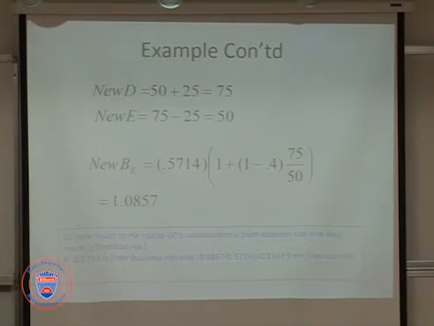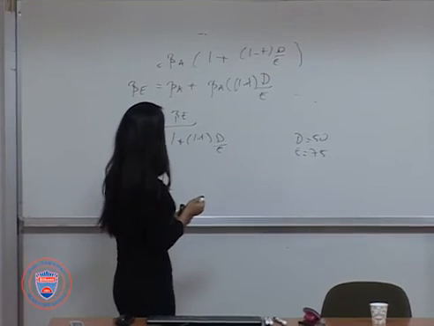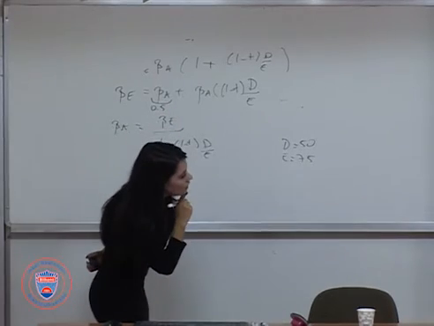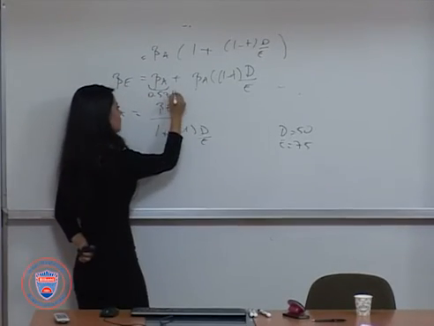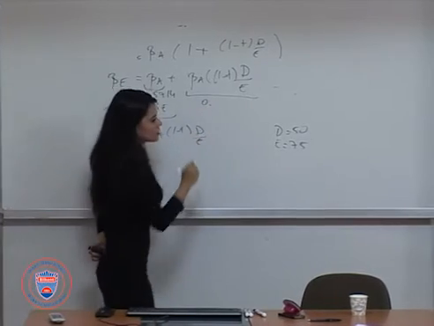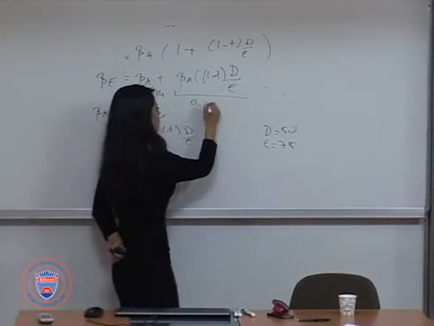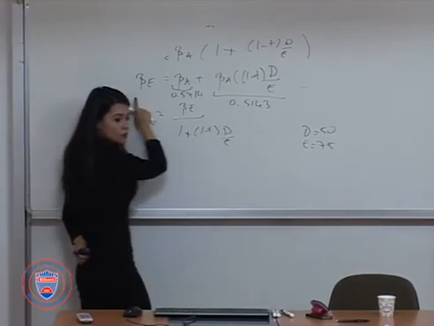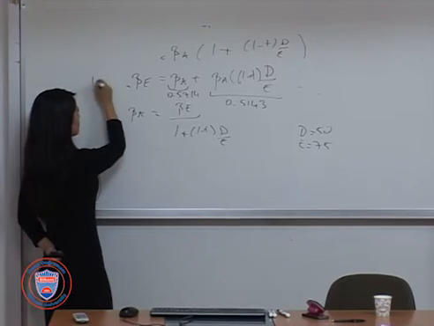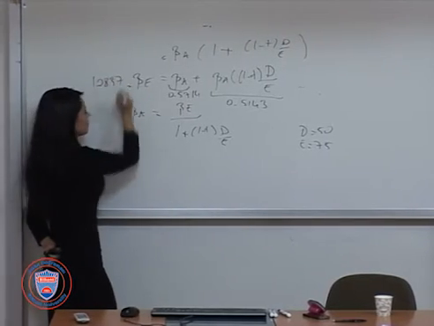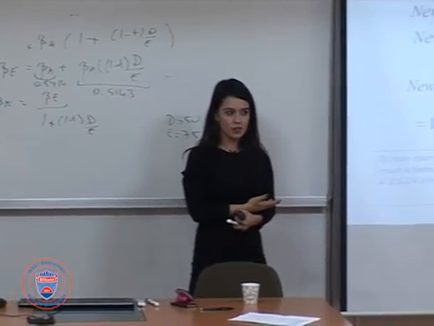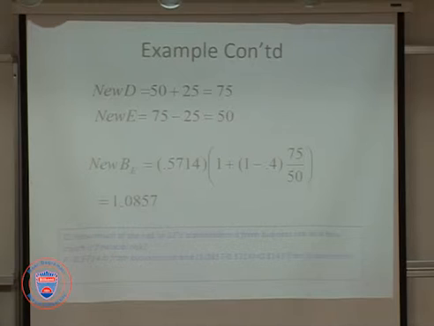So it is basically this part, 0.567, and this part is 0.5143. This is the business risk, this is the financial risk. Together it gives you the total risk of the company. Is it difficult, you think? I don't think it's difficult. Any questions?